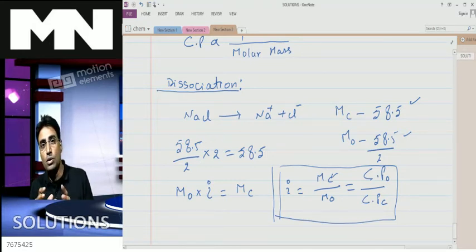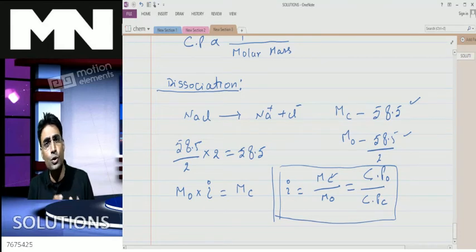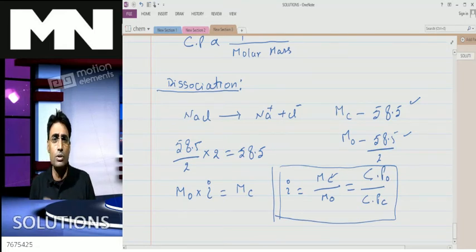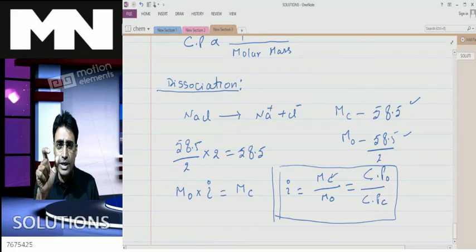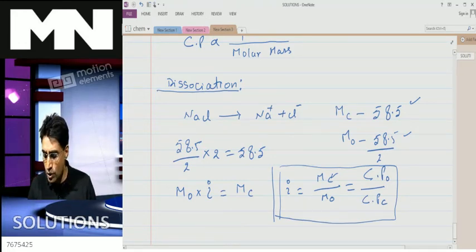So this is the observed colligative property, which is given in the question. You'll not rely on that. You yourself will calculate it again, using the same formula, delta TB is equal to KB into molality. The colligative property which you calculate through that formula is known as the calculated colligative property. So the observed colligative property is the one given in the question, and the calculated colligative property is the one you calculate.